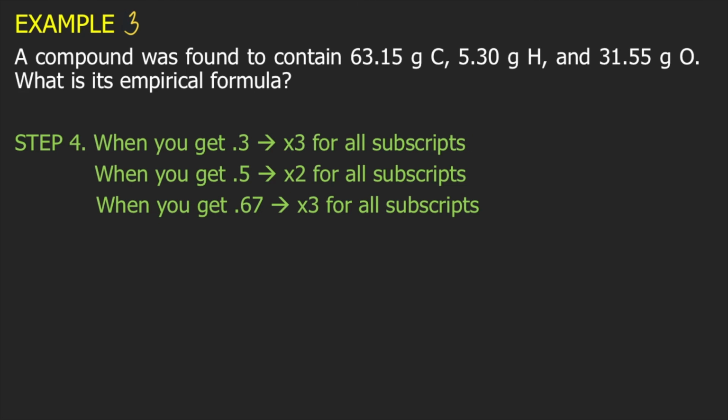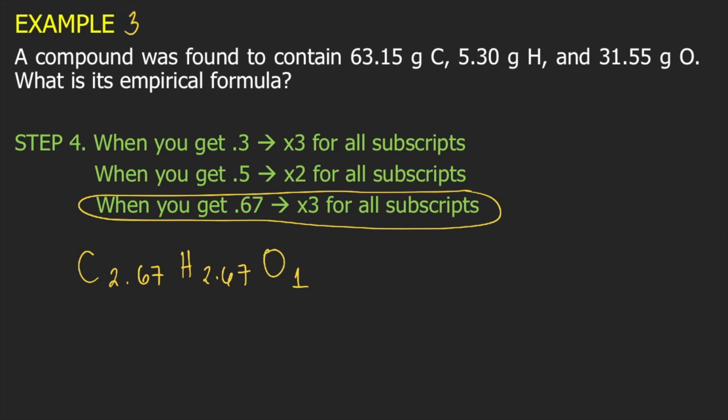Again, we got C 2.67, H 2.67, and O 1. When you get 0.67, you multiply all the subscripts by 3. So 2.67 times 3 is approximately 8. So C8, H8O3. And this is the empirical formula.